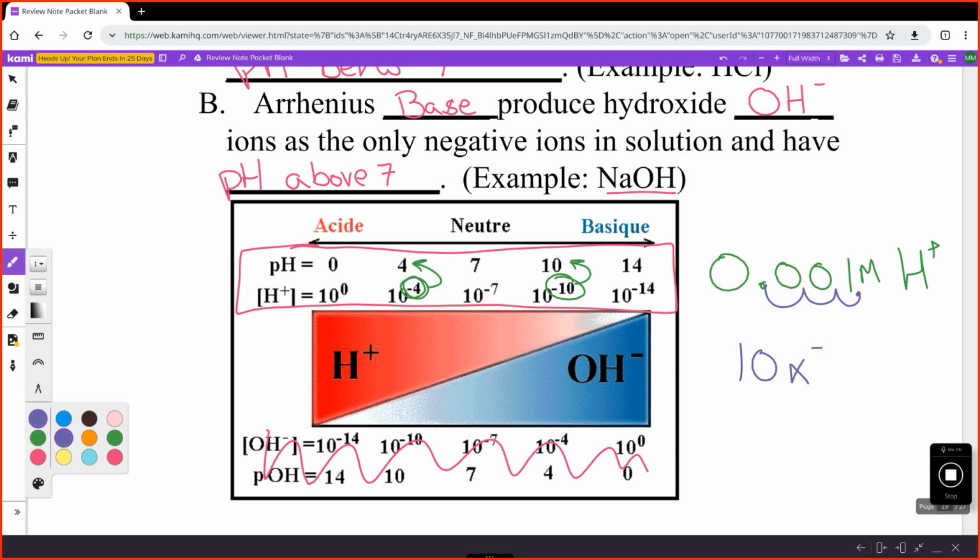We can rewrite this concentration as 10 to the minus 3. And now we could say that if that were the concentration of H+, 0.001, then the pH would have to be 3. Okay? So that's just a nice little refresher for you.